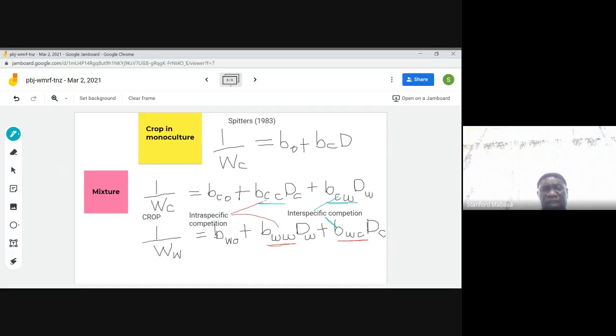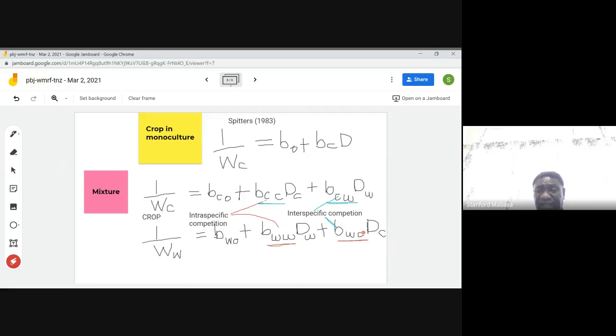Let's say we want to calculate the competitive ability of the crop. We divide this value here into this one. Then we can get the competitive ability of the crop.